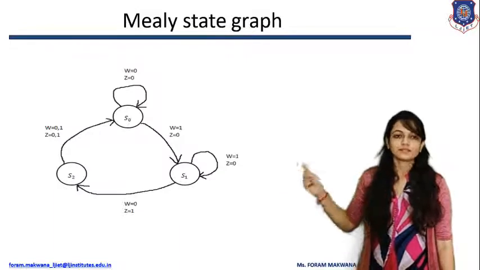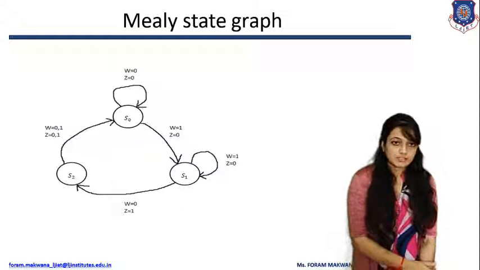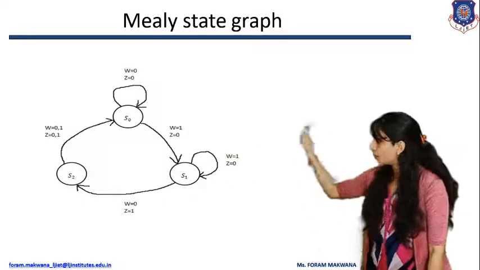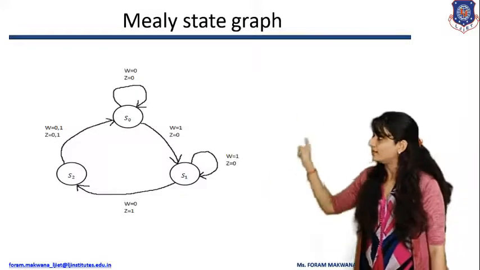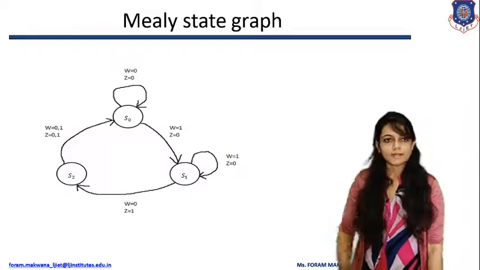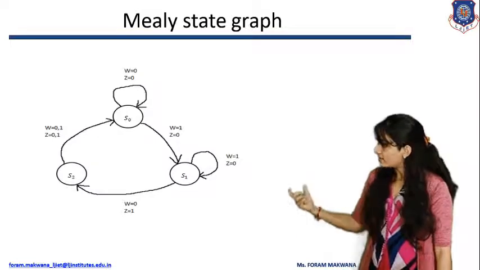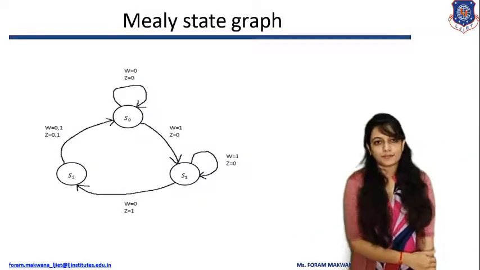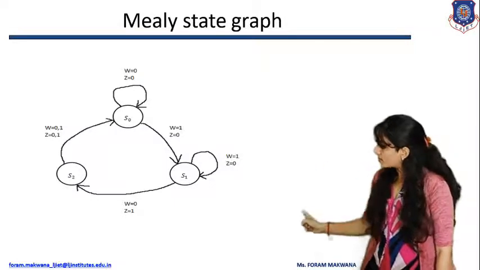Alright? Second thing, if my state is going to be changed, my arrow will move forward. If my state is not going to be changed, my arrow will remain in the same state. Now, I am going to explain this state graph. First of all, S0, S1, S2.